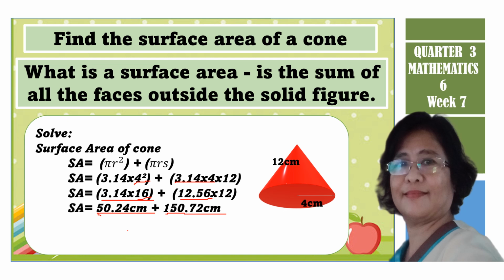And since we're looking for the surface area, again, surface area is the sum of all the faces of the figure. So we have 50.24 plus 150.72. Our surface area for this cone is 200.96 centimeter squared.